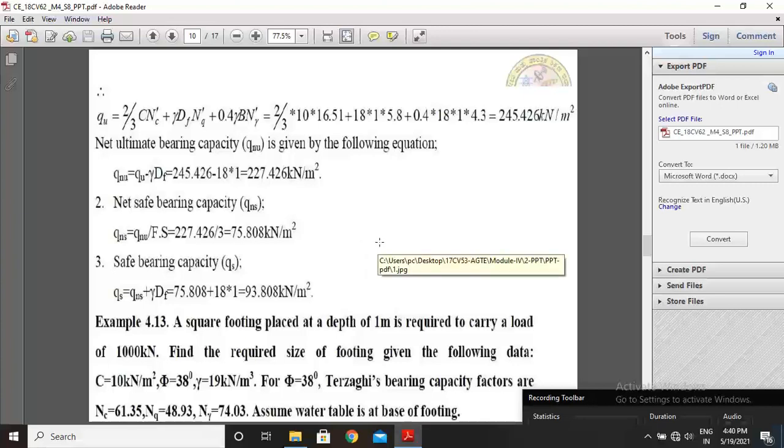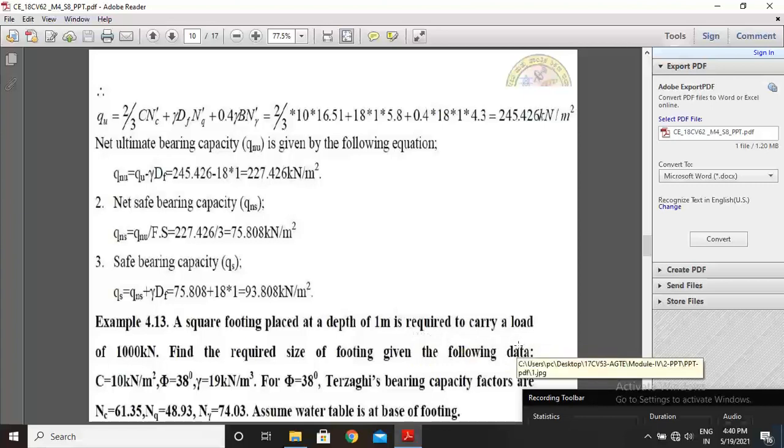See this problem. Next problem. How this problem is asked. That is problem number 4.13. A square footing placed at a depth of 1 meter is required to carry a load of 1000 kilonewton. Find the required size of footing given the following data.